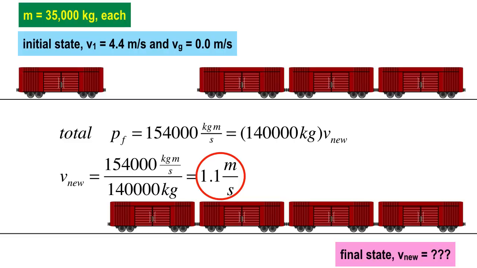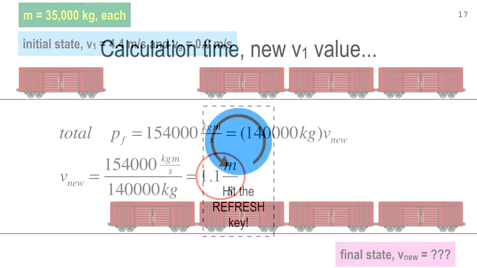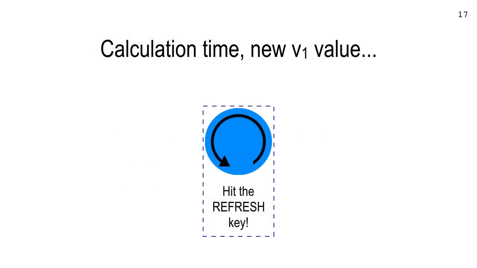All right, you got it? Yeah, okay. All right. Now, I'm going to give you a calculation question. Have you jotted down everything? 35,000, 4 of them. Because I'm going to ask you to calculate with a new interaction time. So hit the refresh key.